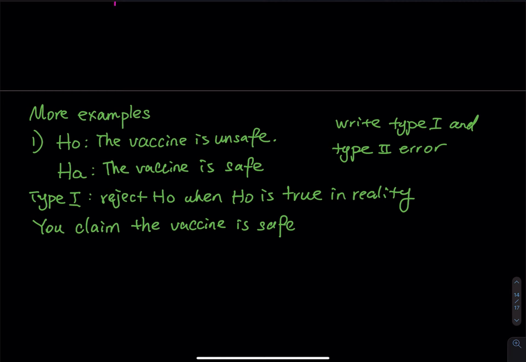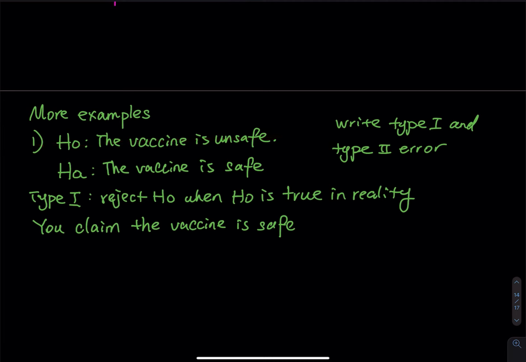I just read reject H naught. So if you reject H naught, just follow this. Reject H naught means you cross this out. And then you take HA as a true statement. So that's why I wrote you claim the vaccine is safe. Or you can say you say the vaccine is safe, you prove the vaccine is safe. Just cross out H naught because you wrote reject H naught. All right.